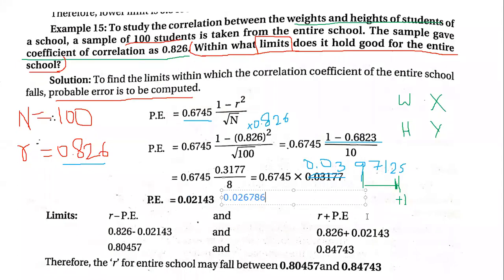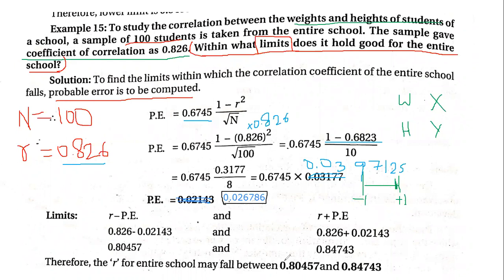That must be the answer, because there are slight calculation mistakes which have happened throughout. So just take this as the final probable error value.